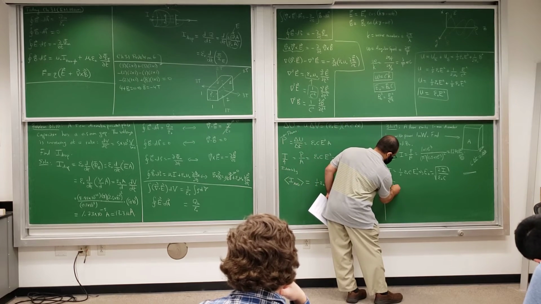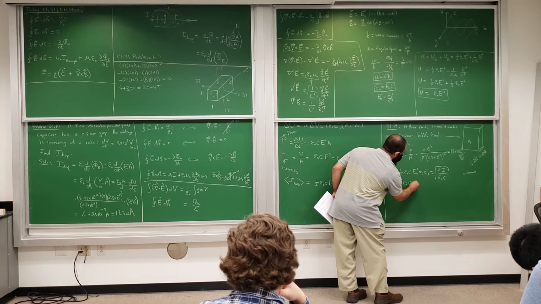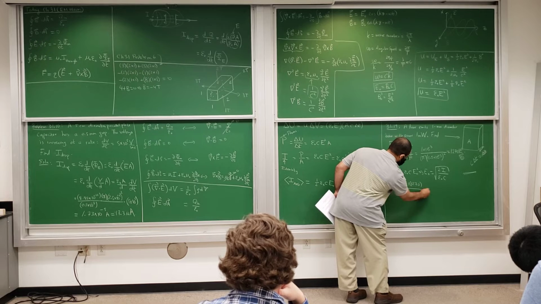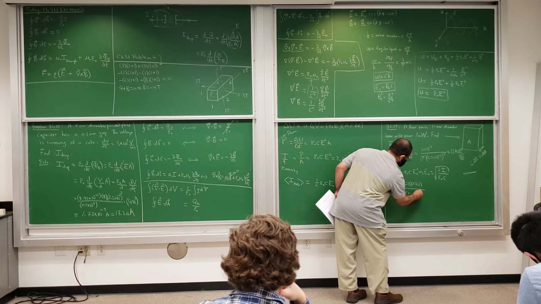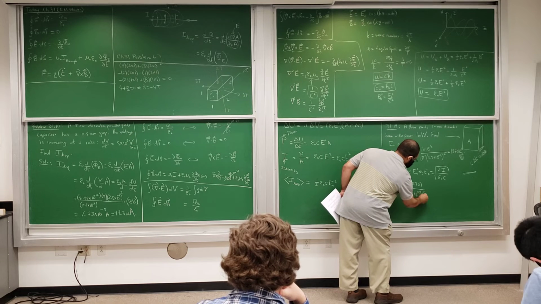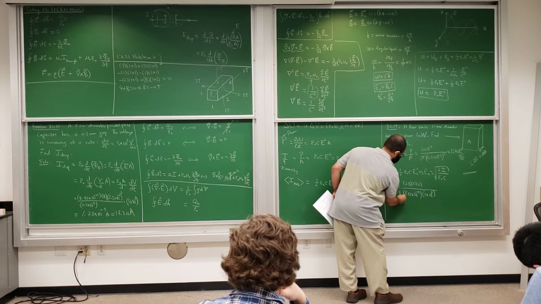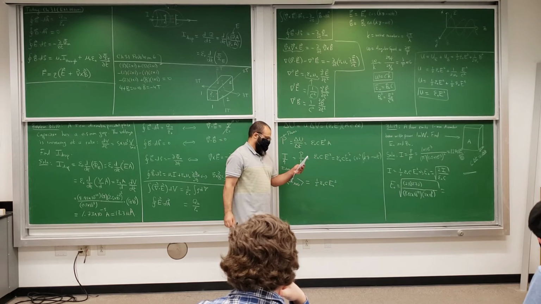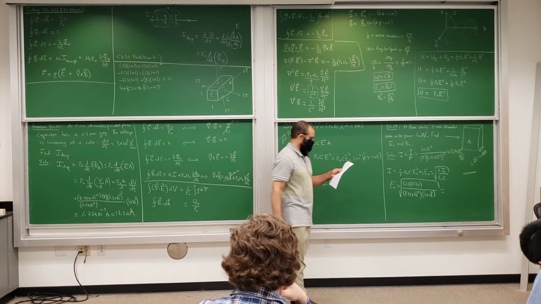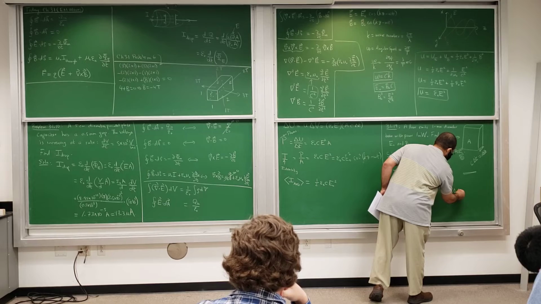You got E naught would be 2 times I, which is 1270, epsilon naught is 8.85 times 10 to the minus 12, and C is, of course, 3 times 10 to the 8 meters per second. And this gives you the electric field. The electric field turns out to be about 980 volts per meter or newtons per coulomb.